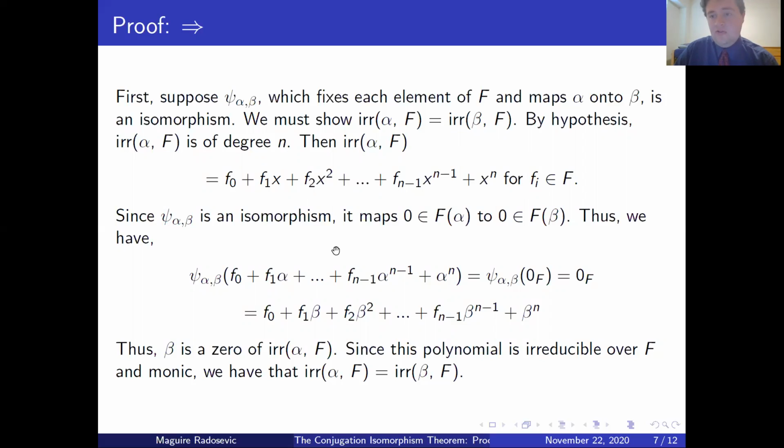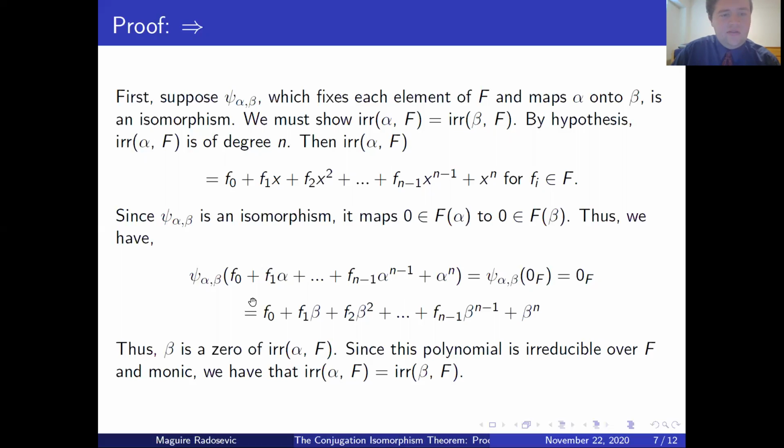And since we have assumed in this direction that this is an isomorphism, one of the fundamental properties of isomorphisms is that isomorphisms map 0 onto 0. So if we're going from one field to another, an isomorphism maps the 0 from the first field onto the 0 in the image field.